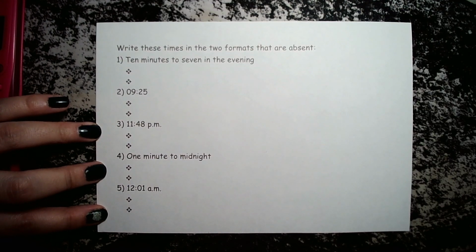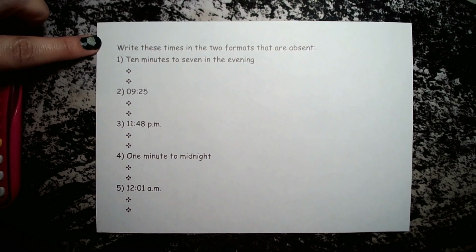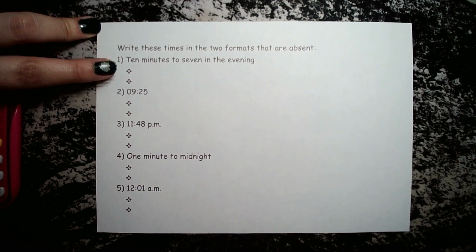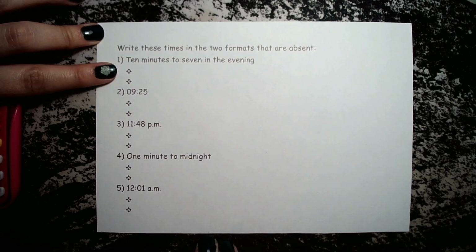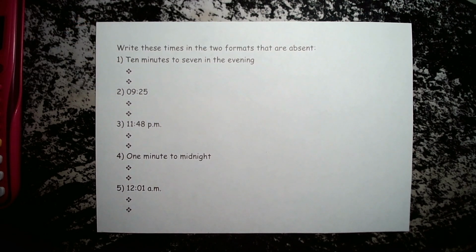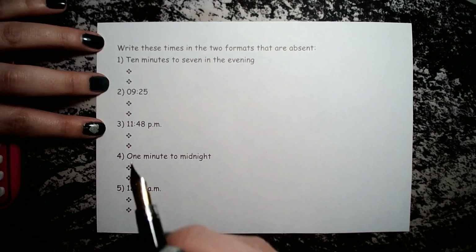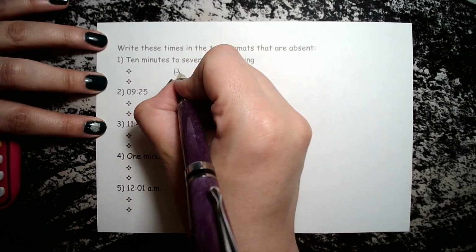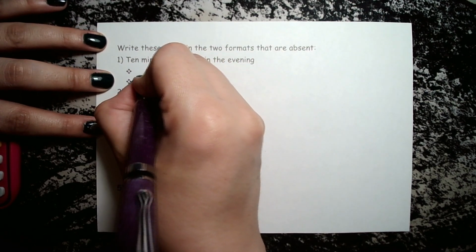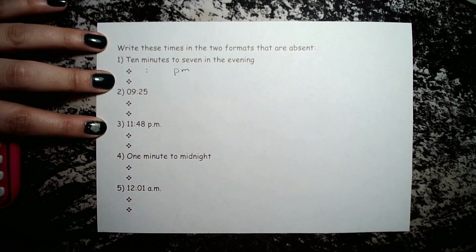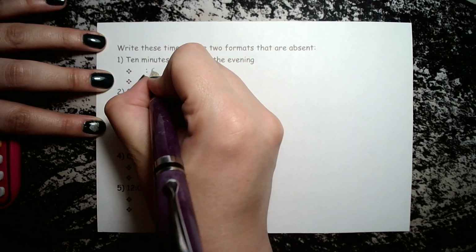Let's practice a little bit. Write these times in the 2 formats that are absent. So the first one is given in analog or words. So we need to write it into the 12-hour format and the 24-hour format. So 10 minutes to 7 in the evening. The evening would mean that it is PM. 10 minutes to 7. So we take the hour, which is 60 minutes, subtract 10, which gives us 50.